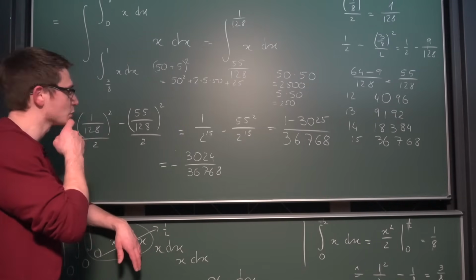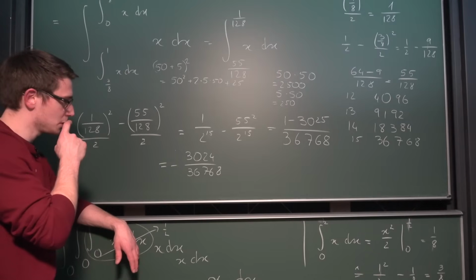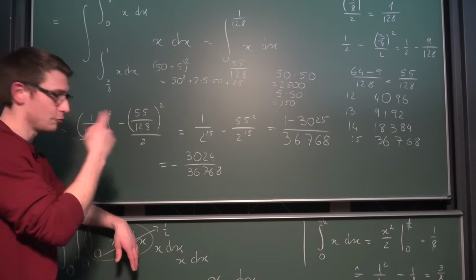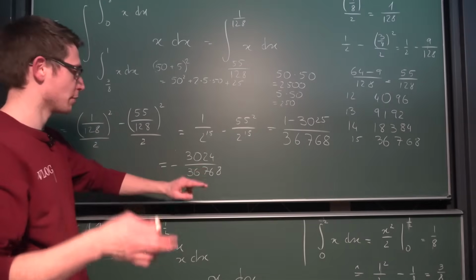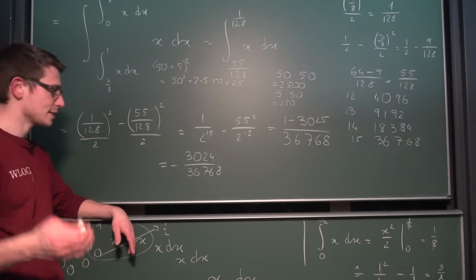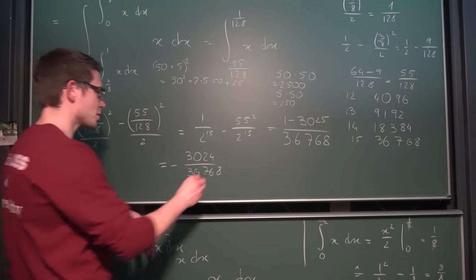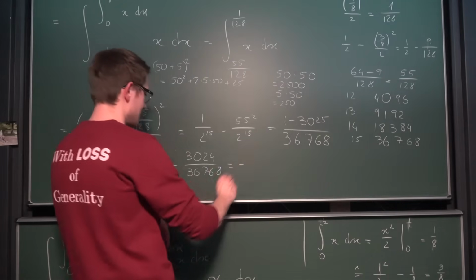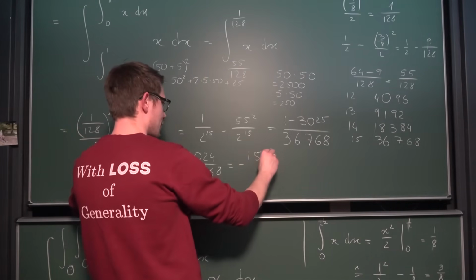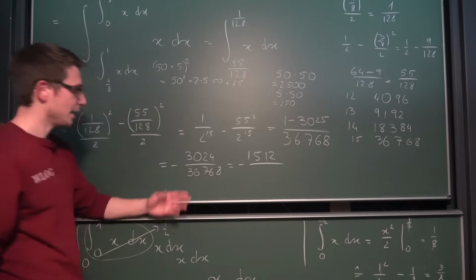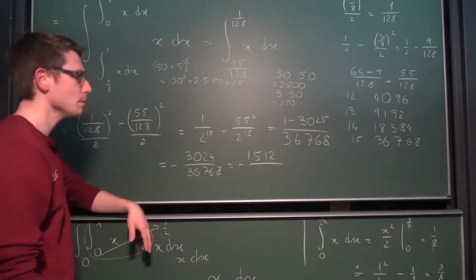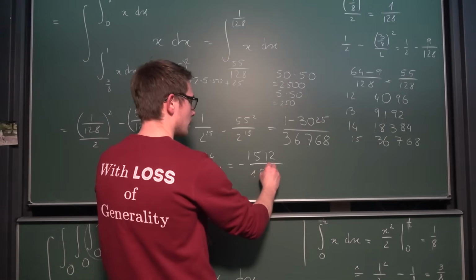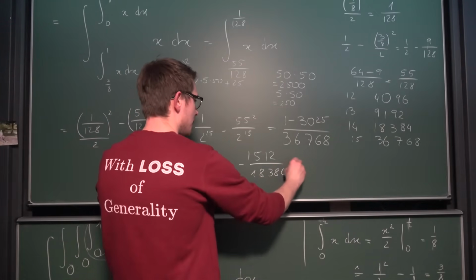So we have a common factor of 2. Do we have a common factor of 4? We even have a common factor of 4 because 24 is divisible by 4 and 68 too. So yeah, that's a nice trick to know. Let's just start off with 2, I suppose. So this is negative 1,512. And this divided by 2 is obviously the same as 16,384.